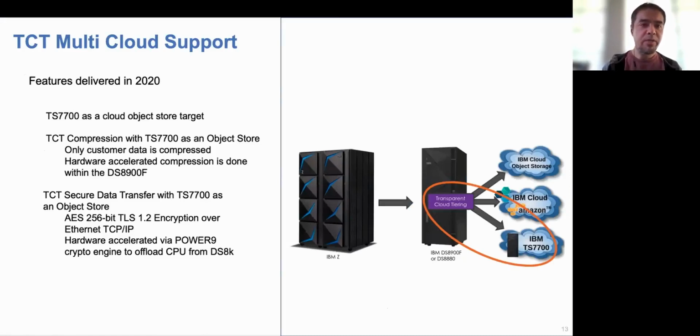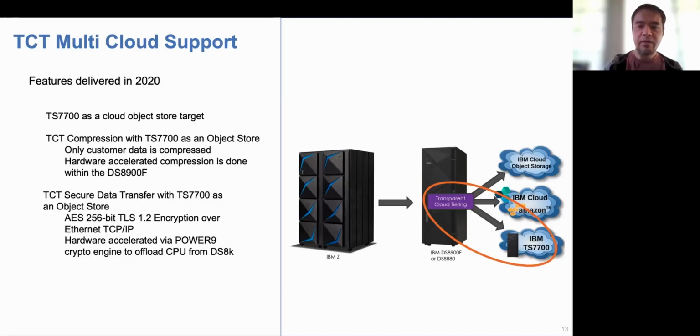I'm going to be talking about TCT from the point of view of DS8000. The first thing I'm going to do is a quick recap on what Transparent Cloud Tiering for DS8000 released in 2020. In 2020, one of the main features that we included was to fully support the TS7700 as one valid object store target.